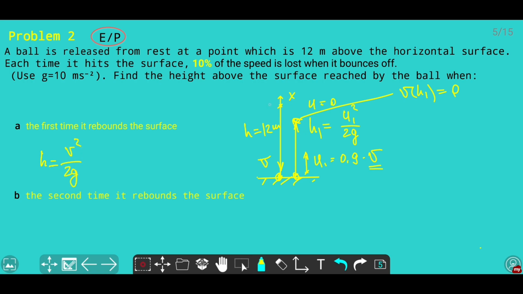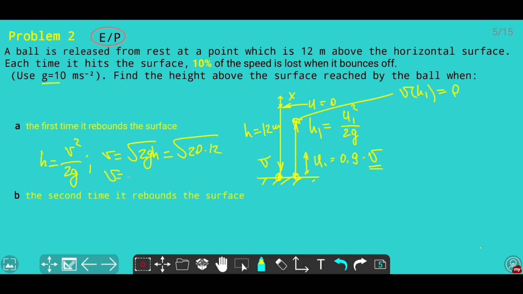So that's why we're just left with that one. We can calculate v as square root of 2gh. And so we're going to use g equals 10. So we can just plug in and write 20 times height, which is 12, and that means we can calculate straight away.